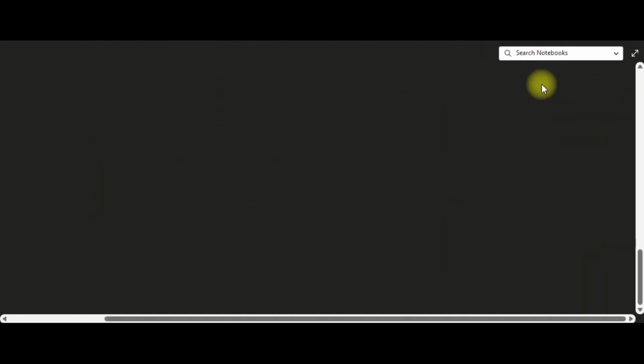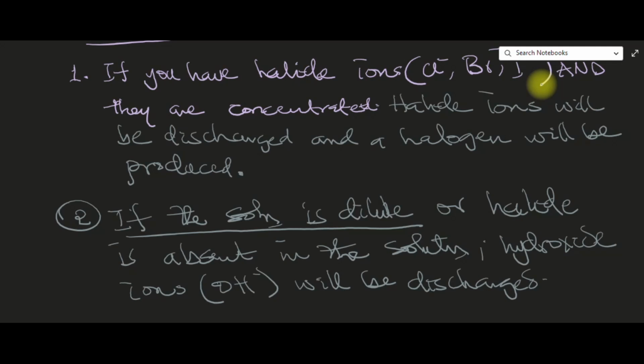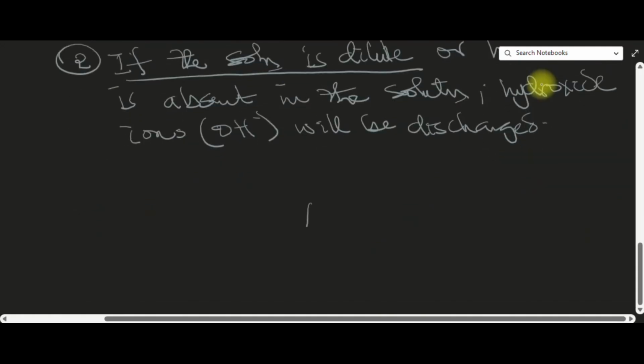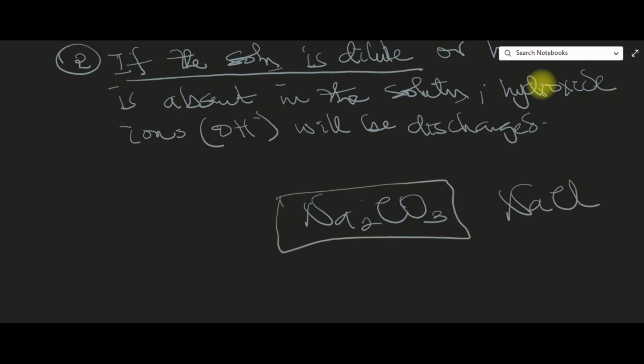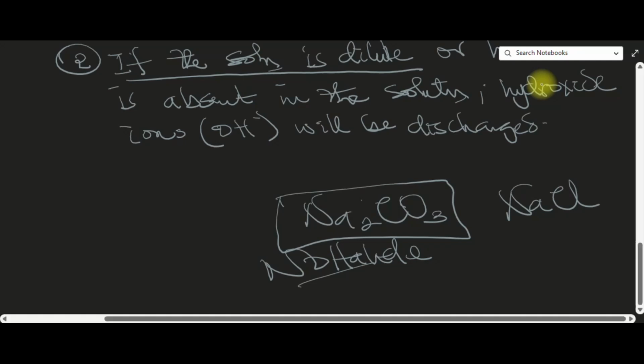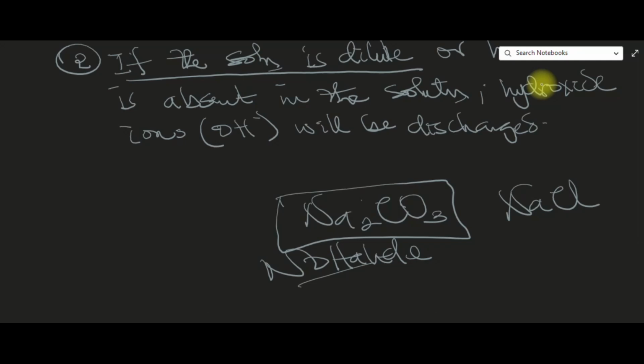For example, if it is electrolysis of sodium carbonate, Na2CO3, rather than sodium chloride, halide is absent in this case. So OH minus will be discharged.